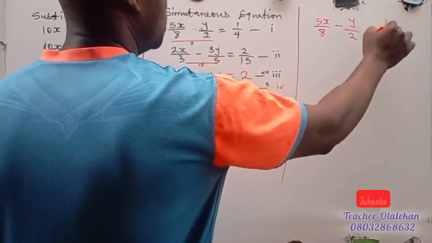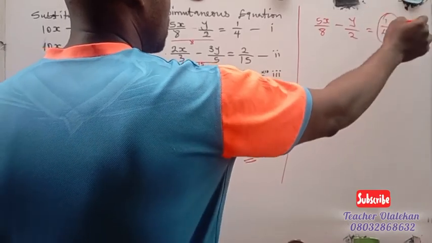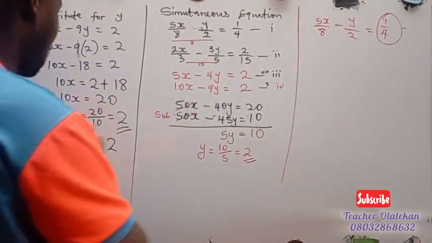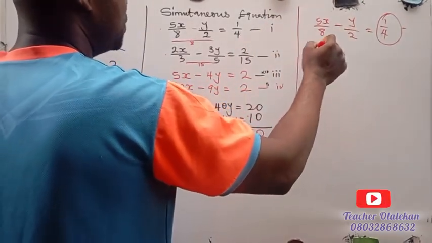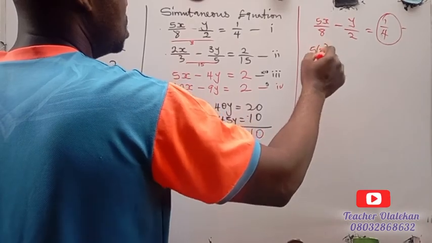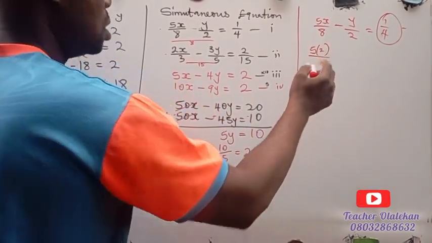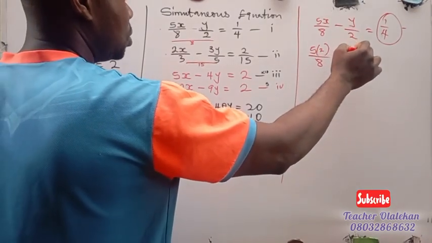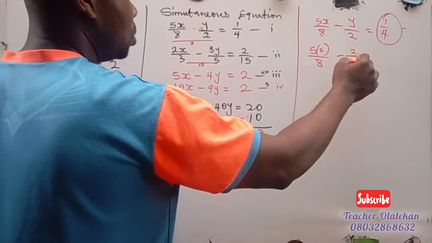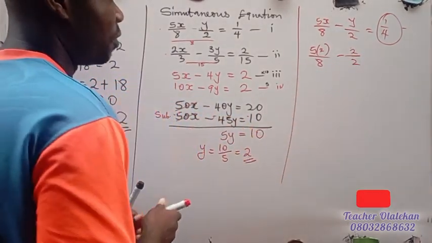Let's substitute our x and y into the equation to get a quarter. That becomes 5 times 2, because our x is 2, divided by 8, minus y, which is 2, divided by 2.